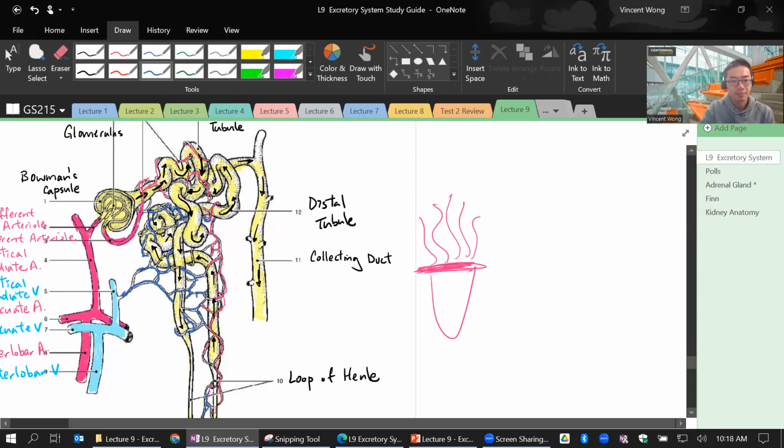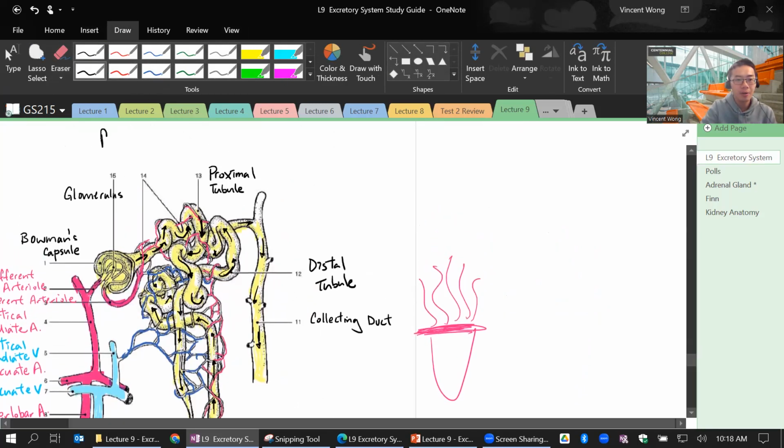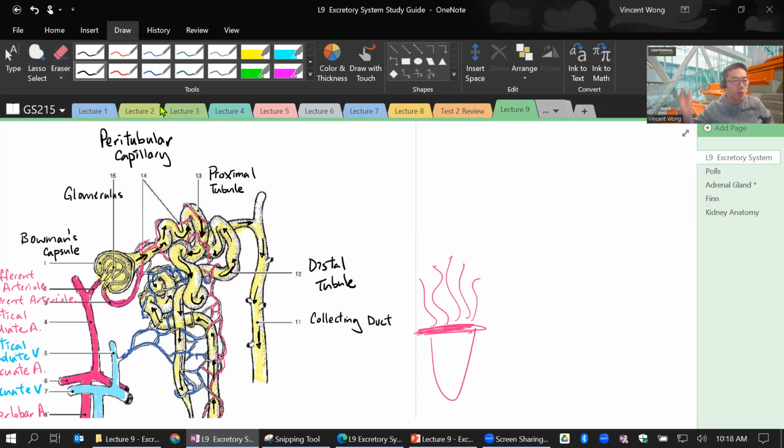So this whole thing is called a peritubular capillary. Peri means next to, so it's a network of capillaries next to the tube, being, of course, the nephron.